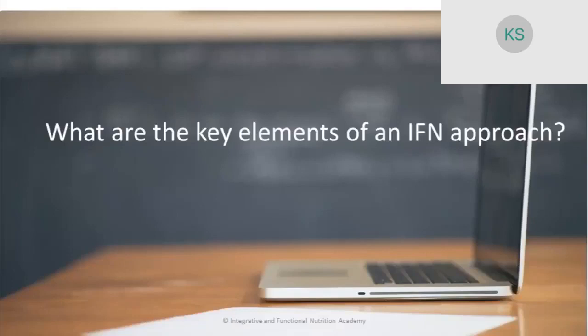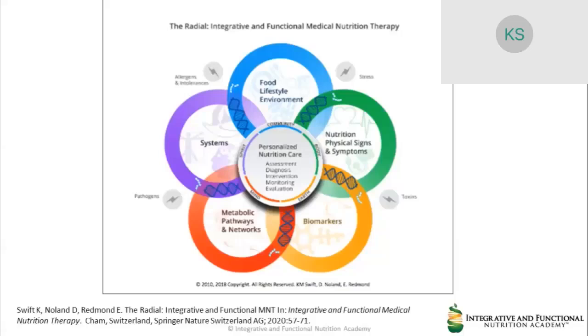So I'm just going to review the key elements before we dig into the case study of an integrative and functional nutrition approach, beginning with the infographic, the radial that you see there that illustrates the various areas that in our critical thinking we want to consider in applying this model of care and practice.